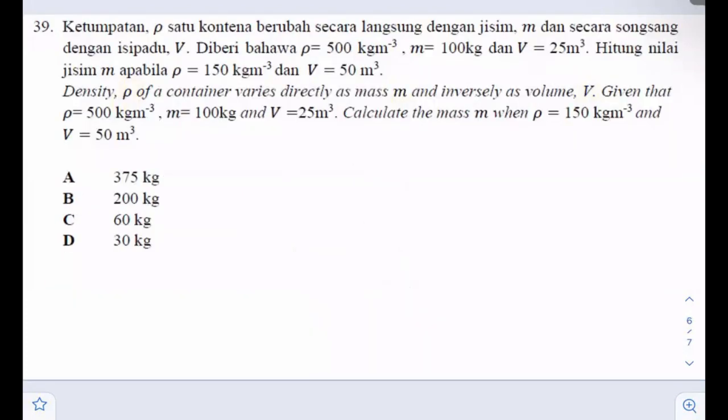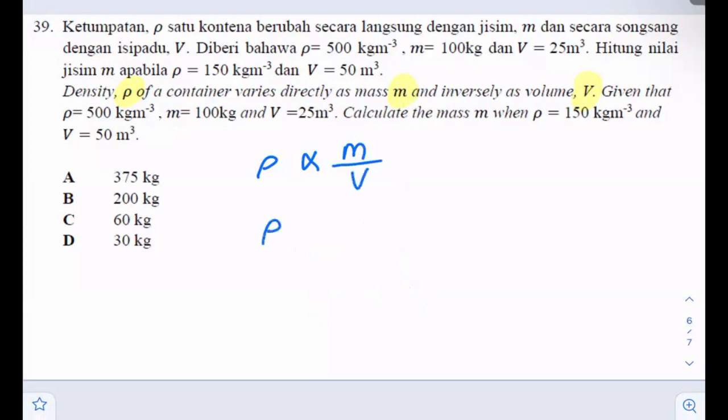So last question. We have the variable rho, which is the density, m, the mass, and the volume V. So let's write the expression. Density varies directly as mass and inversely, which is you have to put over, as volume.